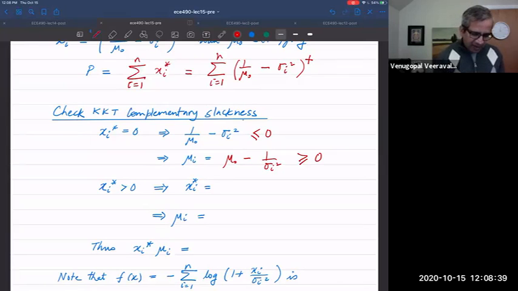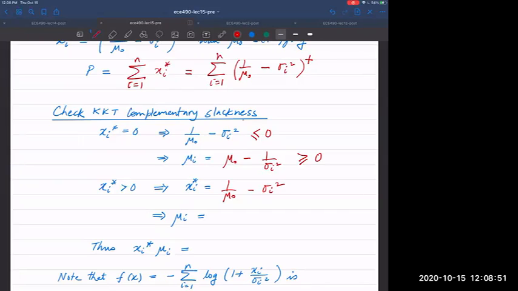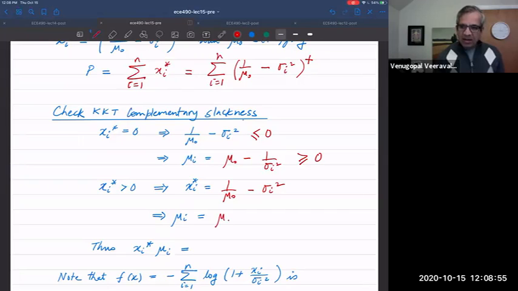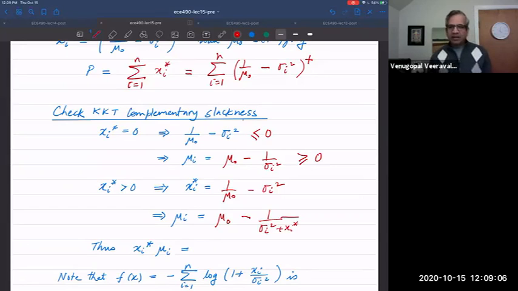Similarly, if xi star is positive, then xi star is 1 over mu 0 minus sigma I squared from our previous equations, from the Lagrangian condition. And so we get that mu I is mu 0 minus 1 over sigma I squared plus xi star, just rewriting that equation.